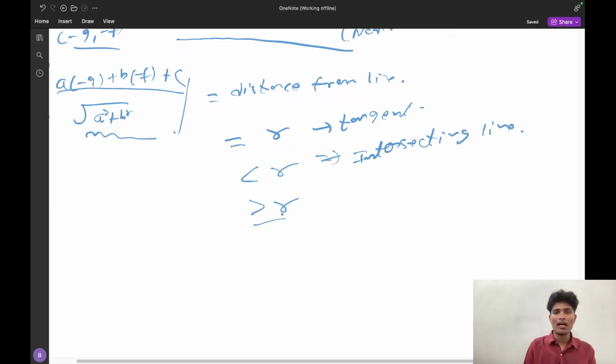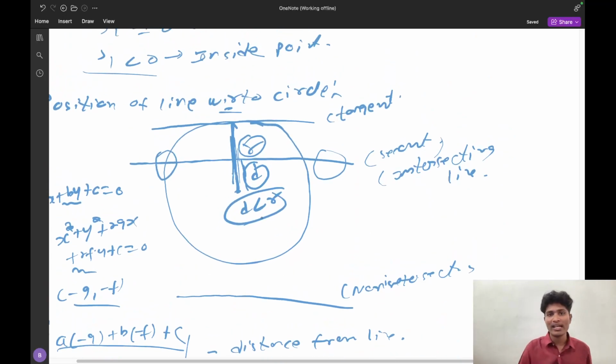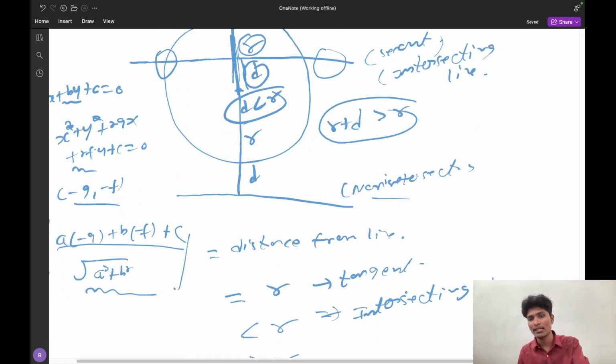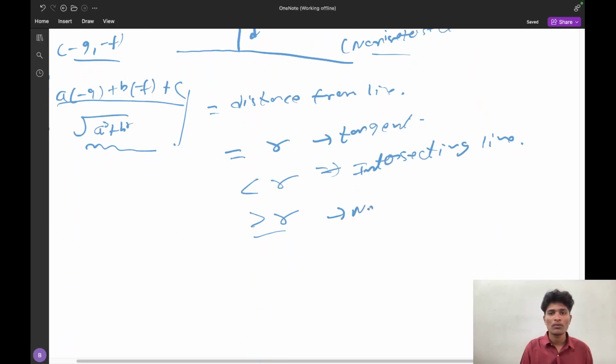And if the distance which we calculated is greater than r, suppose I take this as r and this as d, the entire distance from the center to the line is r plus d. It is obvious that r plus d is greater than r. So in this case, the line is non-intersecting.